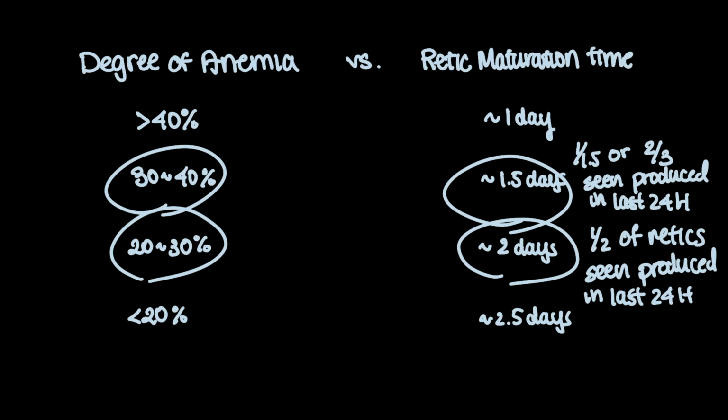So that means of whatever reticulocytes we see, about 1/1.5, or about 2/3, were produced in the last 24 hours. If we take a normal individual with no anemia, with a hematocrit over 40%, then the reticulocyte maturation time is about 1 day, which means all of the reticulocytes you were seeing were produced in the past 24 hours.